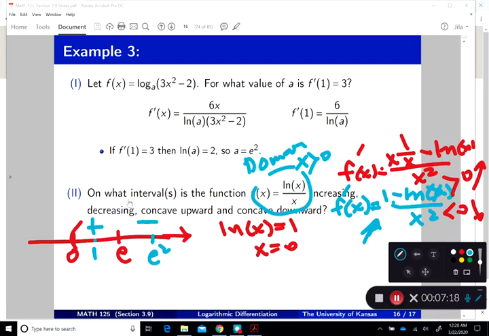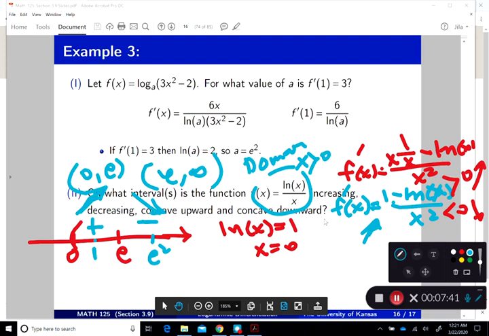And so here we're increasing, here we are decreasing. The interval of increasing is 0 to e. The interval of decreasing is e to infinity. So see, the red is telling us about the interval.